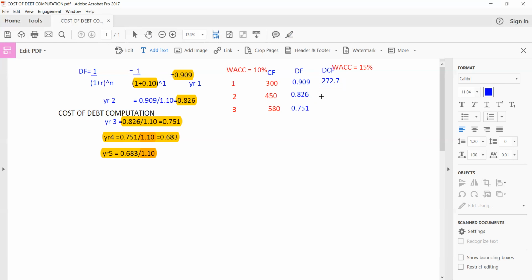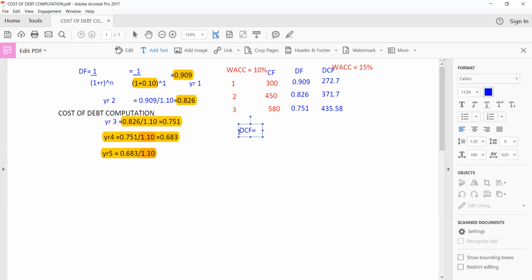That will give us 371.7. Then the next bit, 580 times 0.751, and that will give us 435.58.